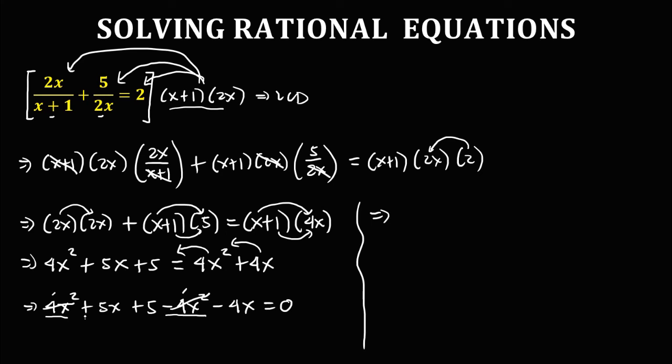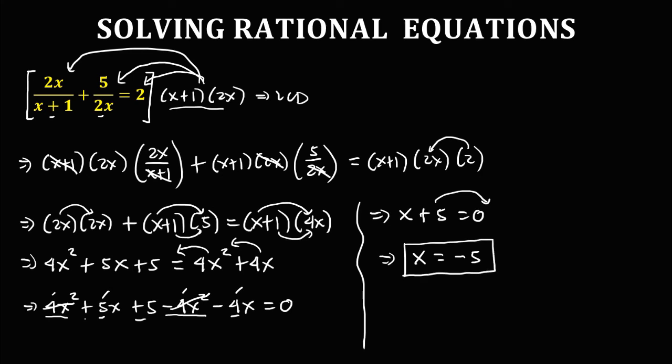Then positive 5x and negative 4x, 5 minus 4, that's 1x or x. Then we have this plus 5, then equals 0. Then to solve for x, we have x equals, transpose this positive 5 to the right side, so this becomes negative 5. Therefore, this is now the solution of this rational equation, x equals negative 5.